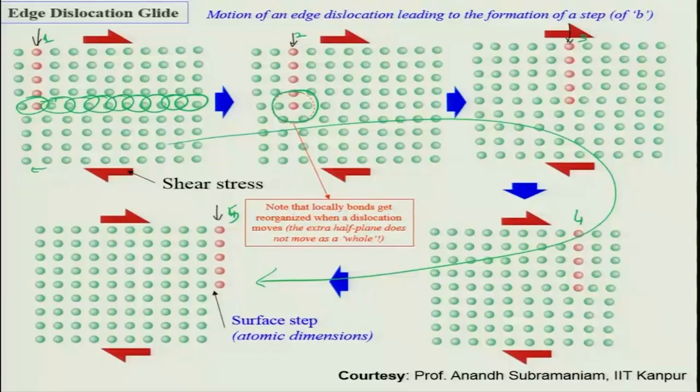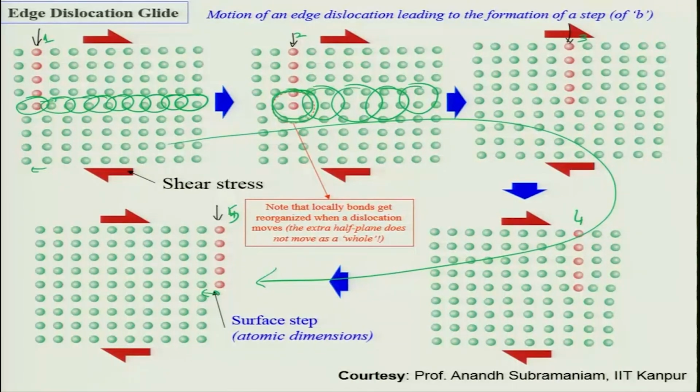It's not the whole plane which is moving, it's just a local reorganization of a few atoms. This group of atoms is getting reorganized as you keep applying the stress, so this zone keeps moving forward. It is not the whole bunch of atoms which are moving, it is just this local group of atoms moving forward to make it look as if the whole plane of atoms is moving, giving rise finally to the formation of a step. So this is what you create.